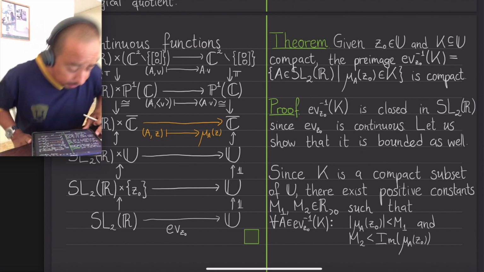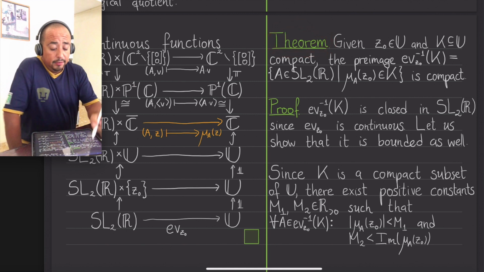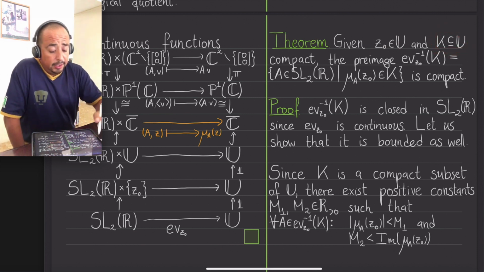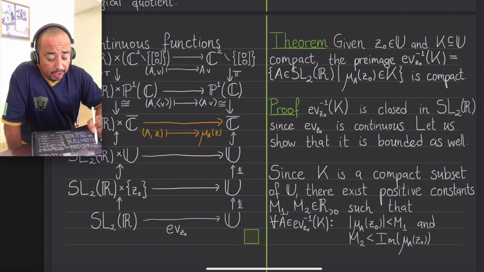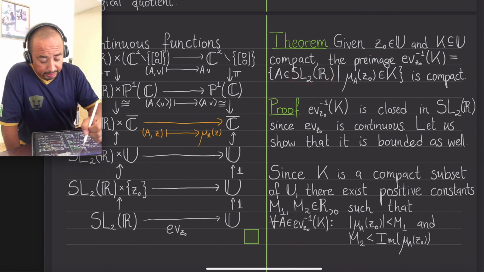Now, a theorem which is going to be very useful. Again, they give me a point in U, and now they give me a compact subset K of U. And what I claim is that the inverse image of K, which consists of all the matrices in SL2R with the property that mu A of Z0 lands in K, is compact.